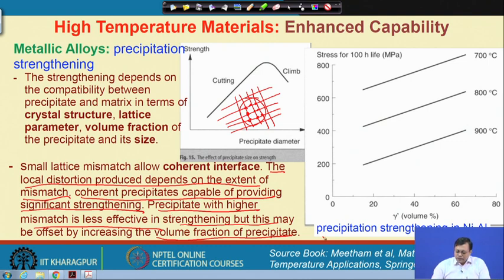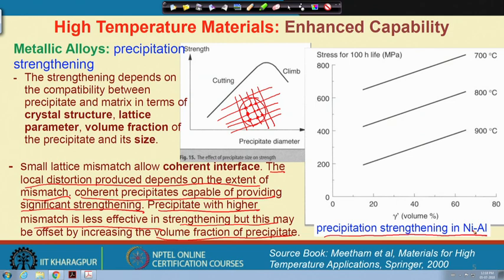So, I show you another example in case of nickel aluminum. If we need a nickel aluminum alloy for use at a higher temperature at relatively higher stress, let us say we fix here 100 hours of life, then for a lower precipitate volume fraction we will get a lower strength.